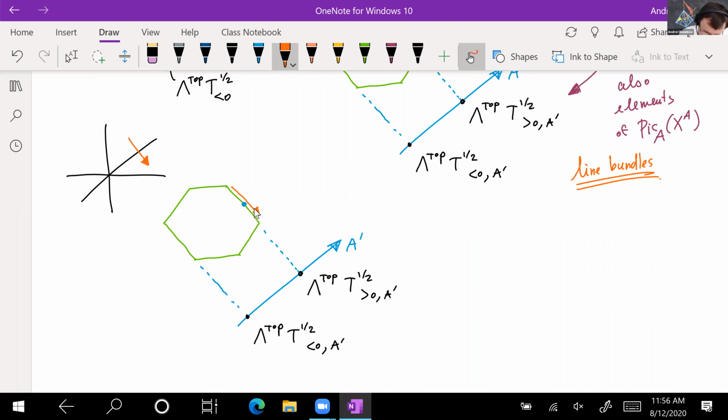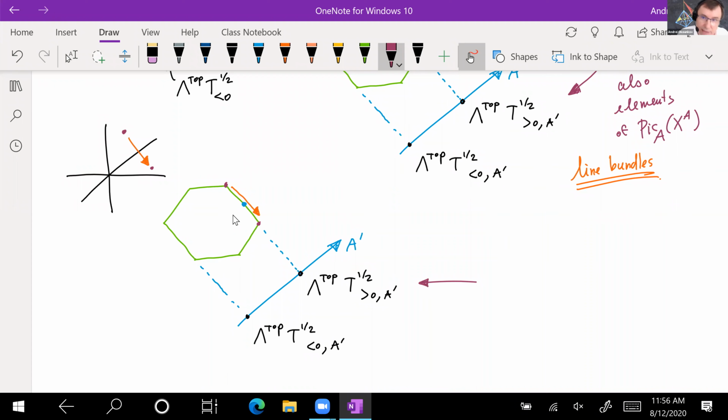That's my little picture. So this would be the starting point, and this would be the end point, and then we go from here to there. And as we go there is a shift, and we shift by this. So this is the index by which we have to shift.